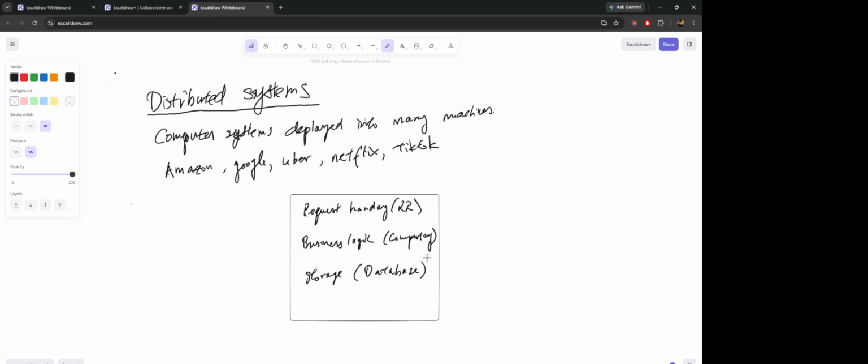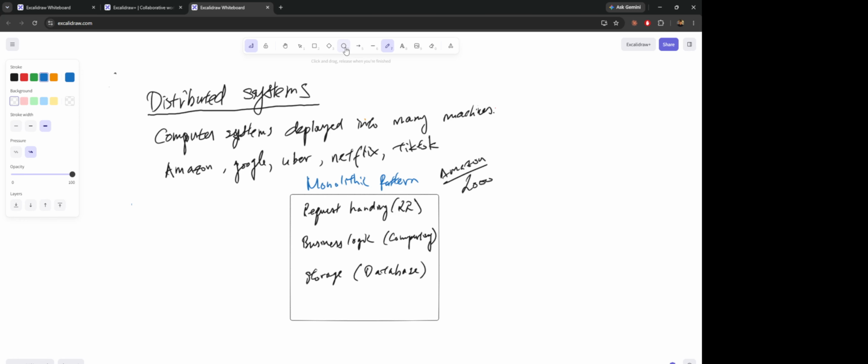In the early 2000s, Amazon was written as a single monolithic service. So this is a monolithic pattern where everything is deployed on pretty much one machine.